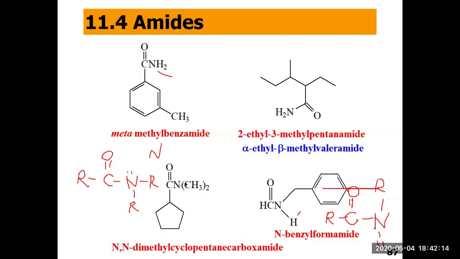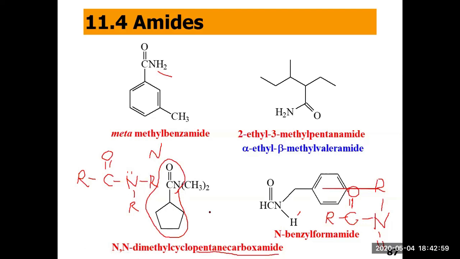In this case, we use N,N and dimethyl to signify that there are two methyl groups that replace the hydrogens in the nitrogen. And then the parent is known as cyclopentane carboxamide. So the final name for this one is N,N-dimethyl cyclopentane carboxamide.